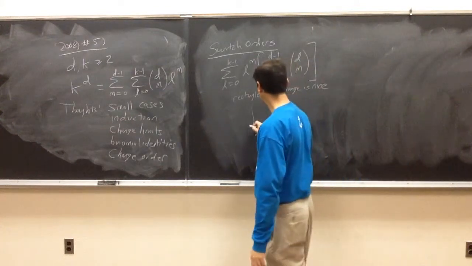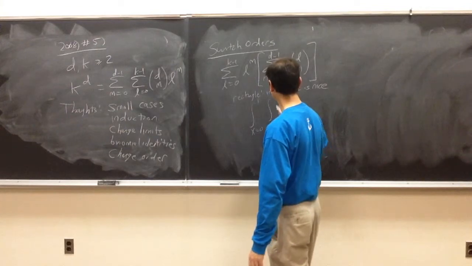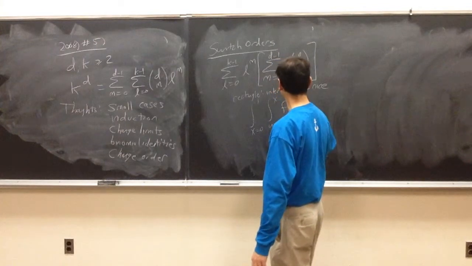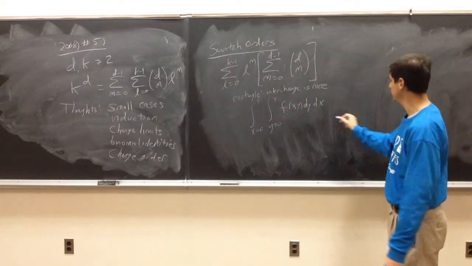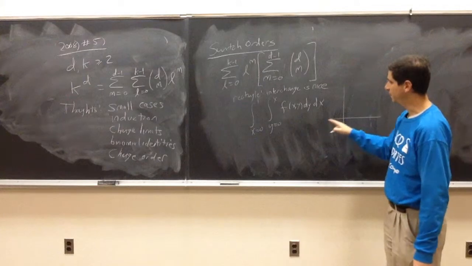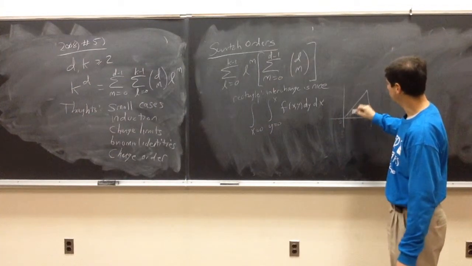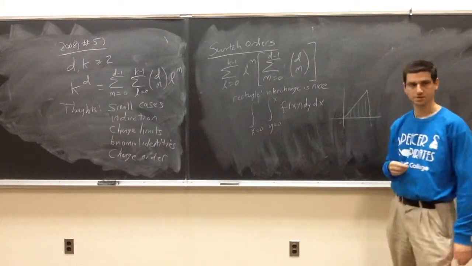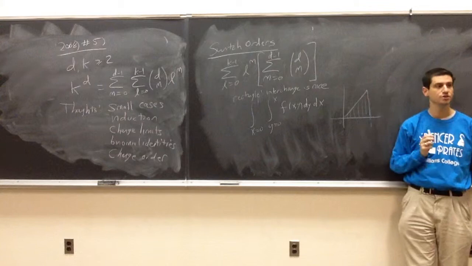If I have the integral x goes from 0 to 1, integral y goes from 0 to x, f of xy dy dx. If I want to figure out what I'm integrating over, x goes from 0 to 1, you give me a value of x, y goes from 0 to x. I'm integrating over a triangle like this. So if I give you an integral like this, I'm integrating over this triangle.